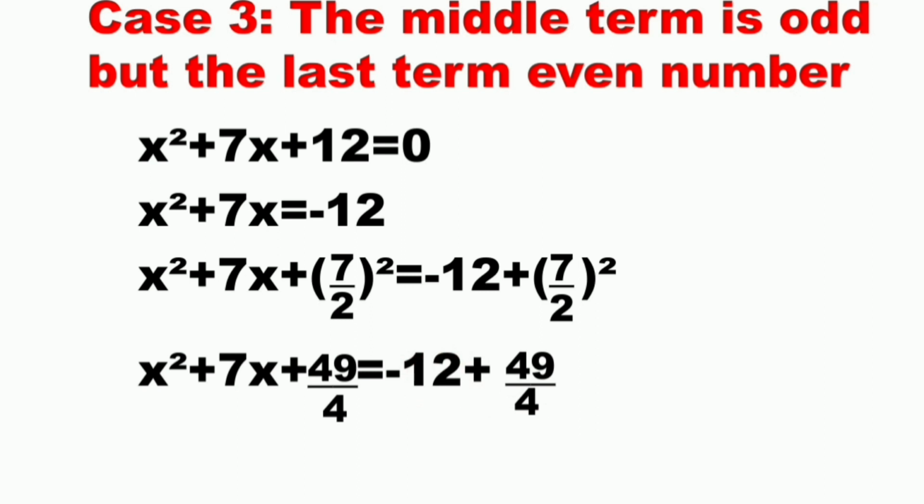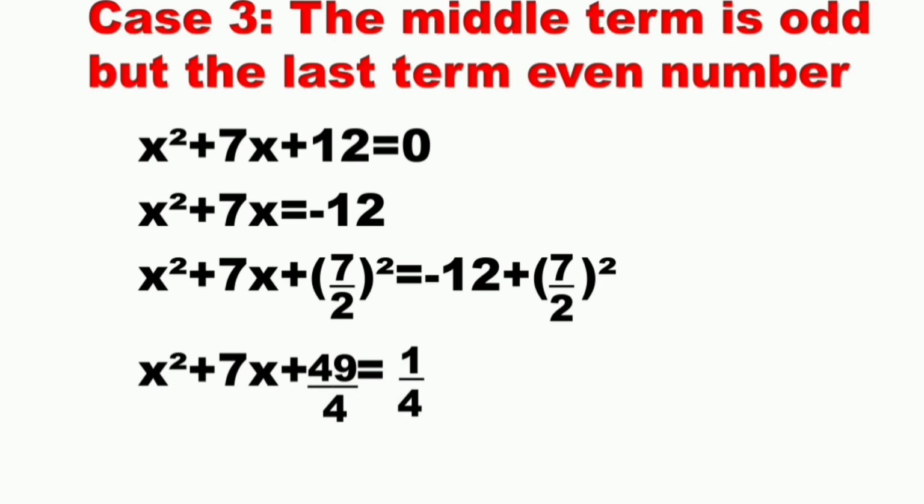So 12 times 4 is 48, and the sign is negative. So we have negative 48 plus 49 over 4, and this is equal to 1 over 4. So x squared plus 7x plus 49 over 4 is equal to 1 over 4.